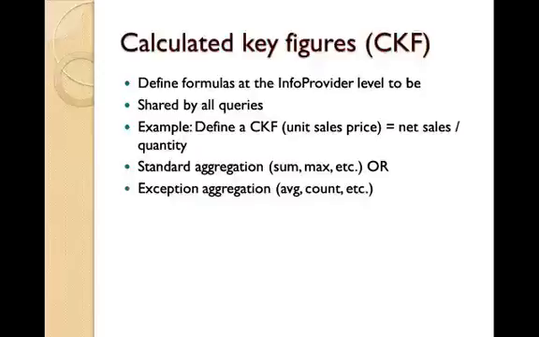And also for calculated key figures, an additional property that we can define is how they should be aggregated. Aggregation basically means when we roll up a report. Now remember, this is the opposite of drill down. With drill down, you get into more detail. With roll up, you hide the details.